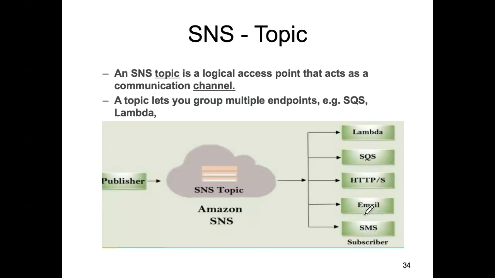And there are other ones as well, which we won't get a chance to look at. But if you've got a number of subscribers, then every message that this publisher writes to a topic, each of the subscribers will get to process that message. That is the way SNS works, and that's the way it's meant to work.